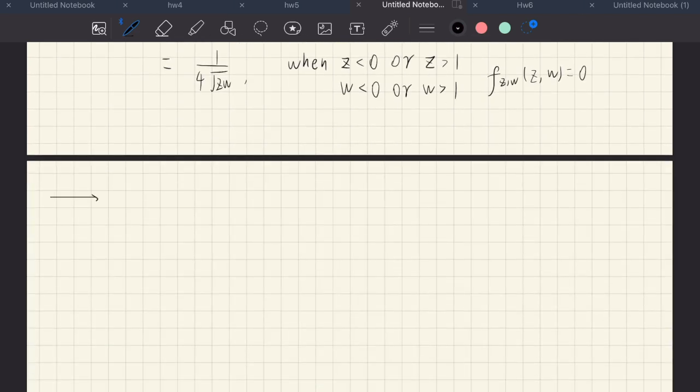So this is the final result of the density function of ZW, and 0 otherwise.